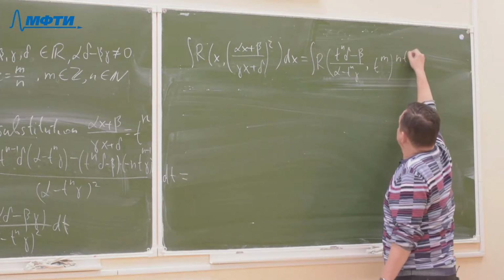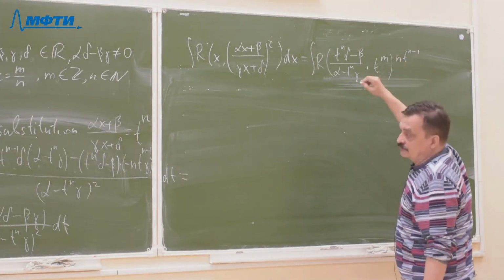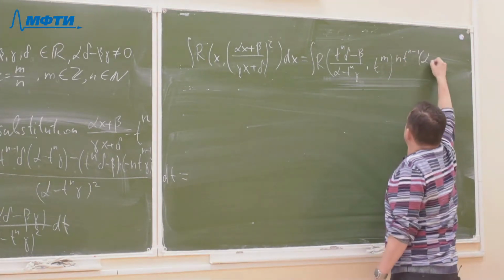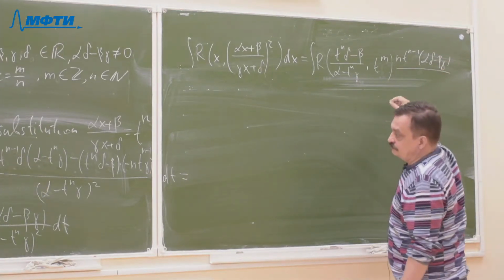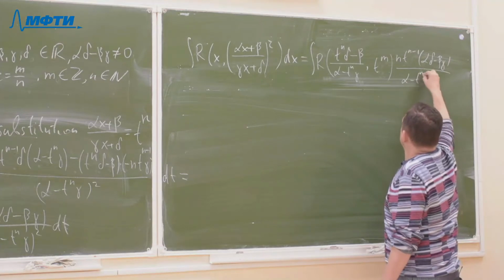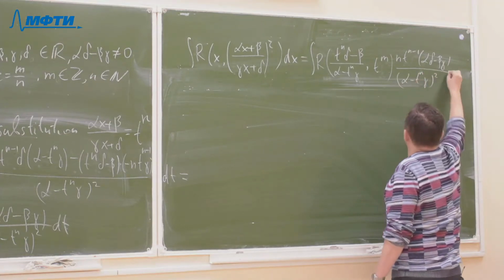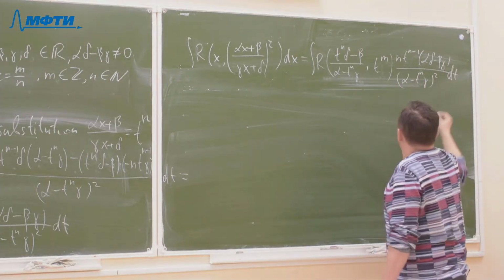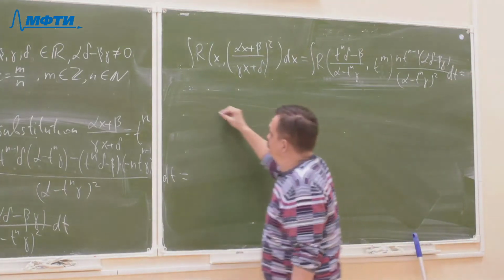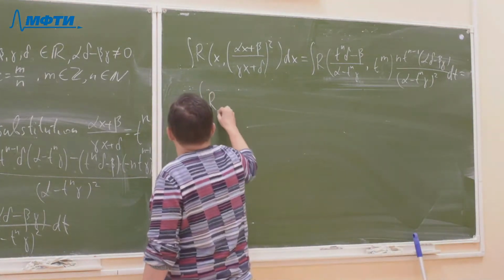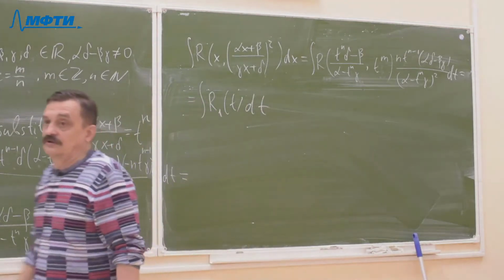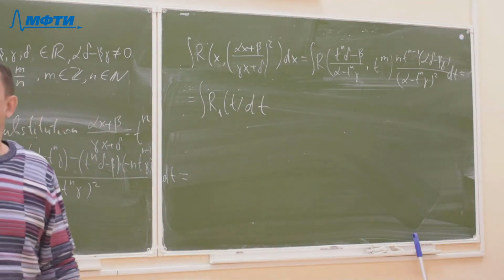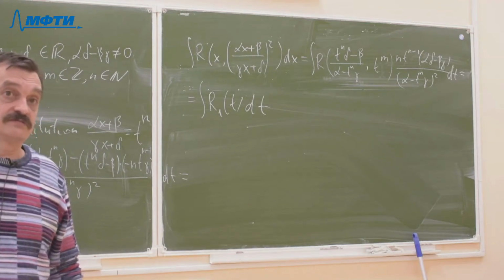Let's write n t to the power n minus 1 times (alpha delta minus beta gamma) over (alpha minus t to the power n gamma) squared, dt. And that is an integral of a rational function. So we know how to find those integrals.